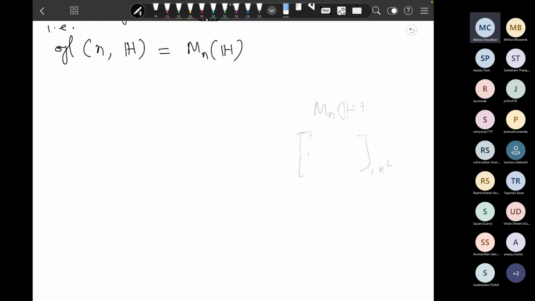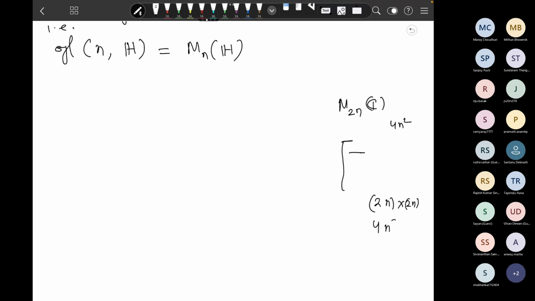It is 2n into 2n, which is 4n square complex coordinates. Each complex coordinate has 2 real dimensions, so it's 8n square, basically. Okay, I got it. Thank you.